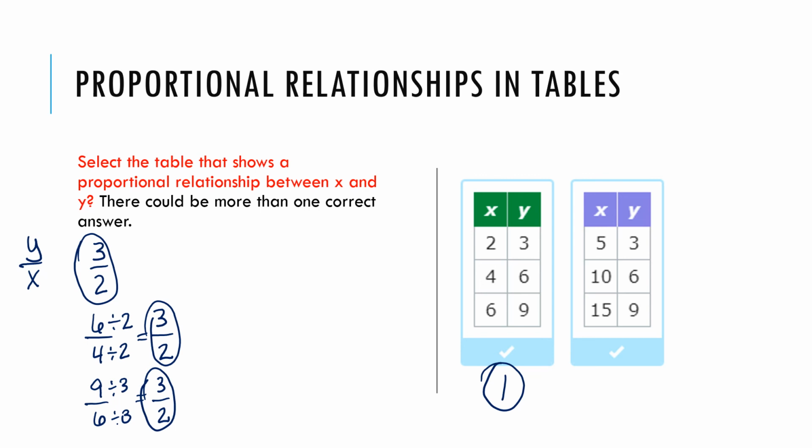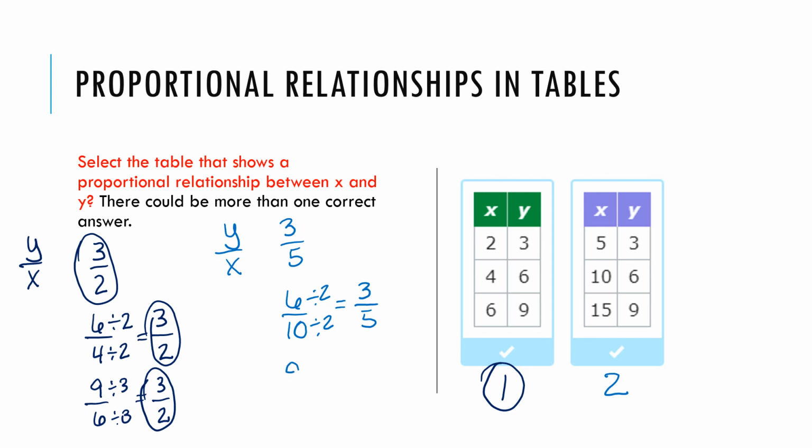Now let's check table 2. We're starting out with y over x again. We have 3 over 5, which cannot be simplified. We have 6 over 10, and both of those numbers are divisible by 2. So 6 divided by 2 is 3, and 10 divided by 2 is 5.